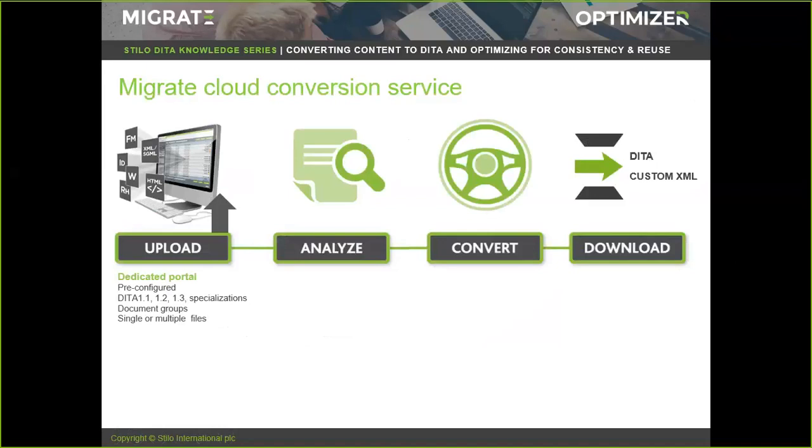We can incorporate specializations in that. You can upload single documents. You can upload multiple files as well, and we pre-configure this and provide it to you within a few days, generally speaking, of it being required, and you will then be ready to go.